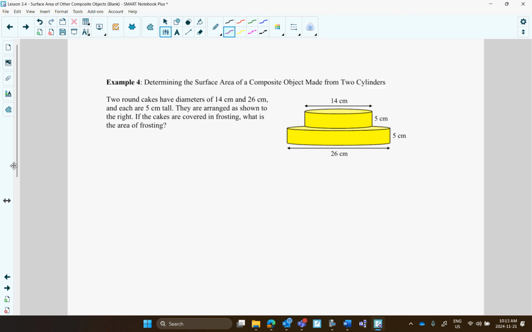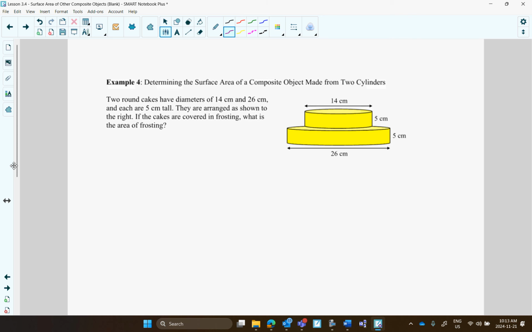So let's just assume that this cake is floating in midair. And we're going to frost everything that we see. We're not going to split it apart. We're just going to cover it in frosting and it's hanging in midair, because we're going to suspend this cake to make it look good, like a nice looking cake in a bakery.